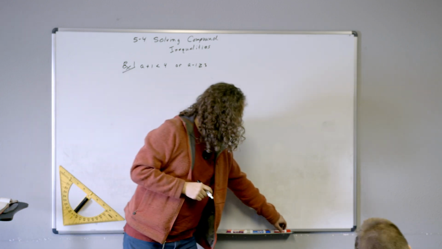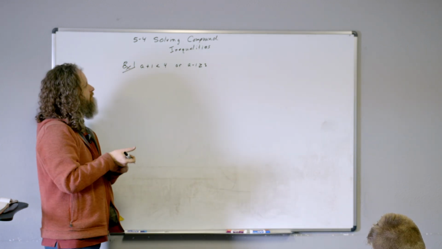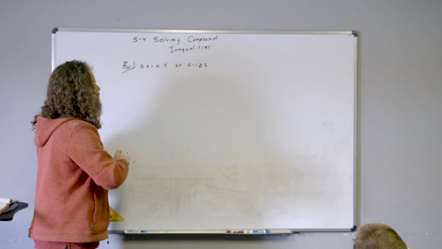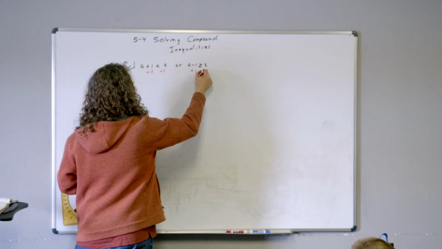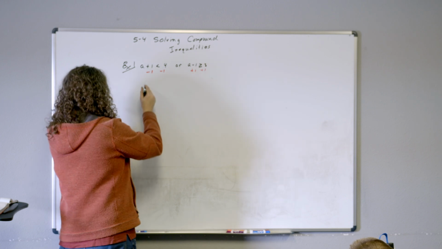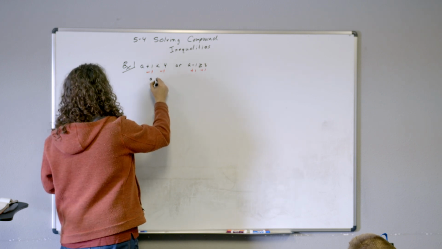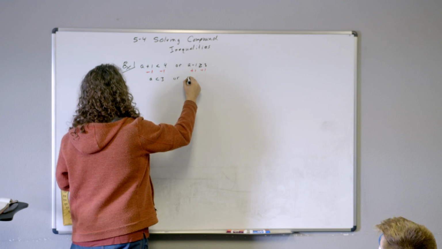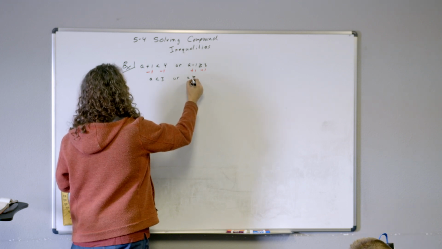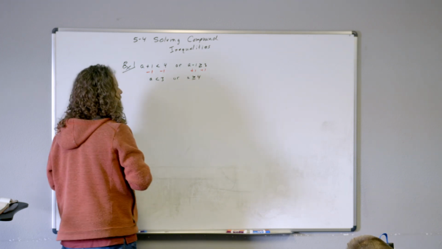So what would we do? Yeah, same thing, easy peasy. Subtract 1 and add 1 on this one. So A would be less than 3, or A would be greater than or equal to 4.